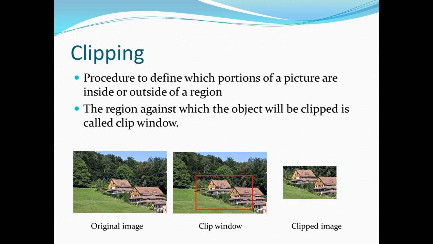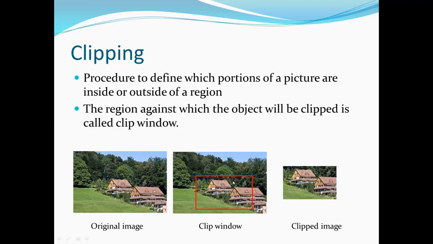The region which we want to focus on, that means the region where I want to display the image, is called the clip window. Here you can see our original image. Now we want to focus on these two houses.